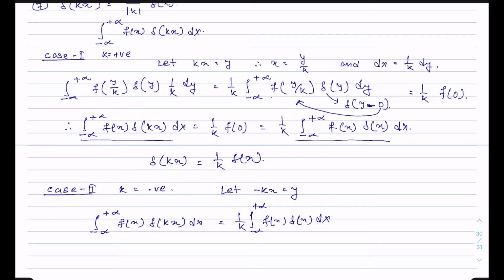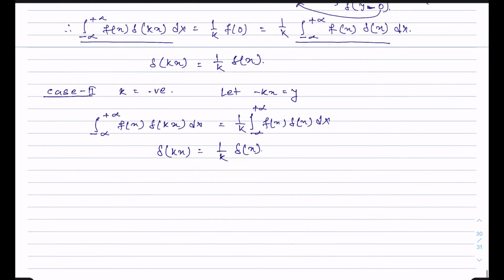So again, from this case, you can argue that delta kx is equal to 1 over k delta x. Take it as a homework problem, and try it on your own.